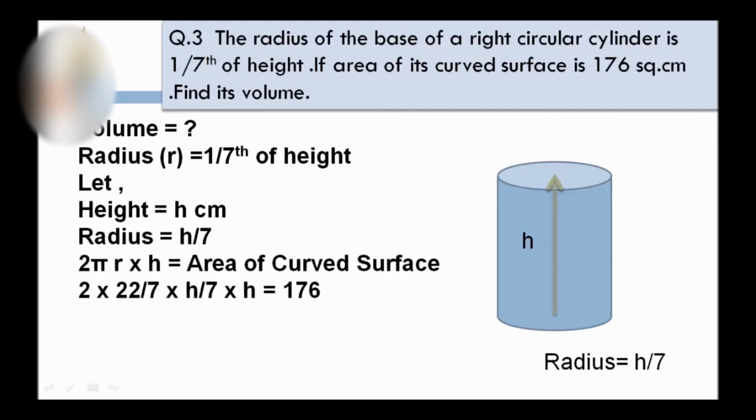Now again, by putting values of pi, radius and height, because h is same, we do not know the value, and radius is equal to 7th part of height. Multiply this 22 with 2, we get 44.